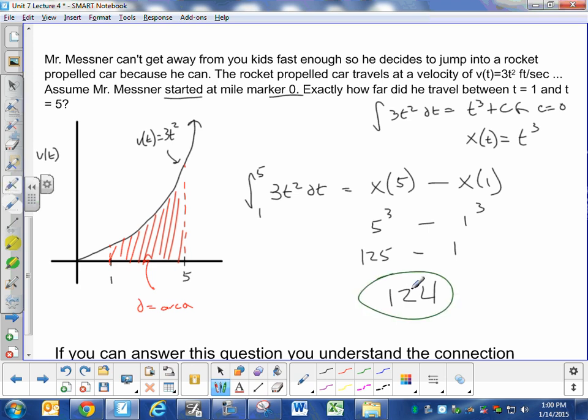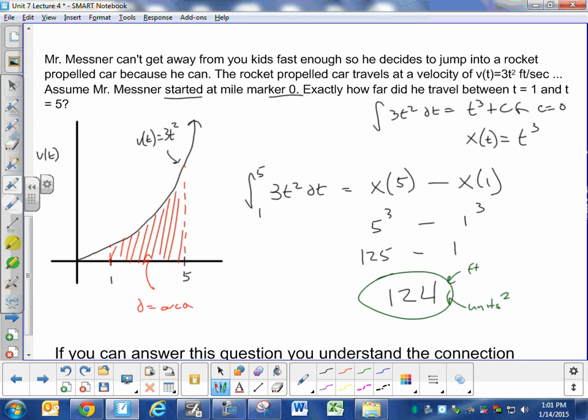The area under the curve 3t squared between 1 and 5 is 124 units squared. In this question, this would be feet. Okay? So that's the beautiful connection. The change in an antiderivative can help us get the area under a function.